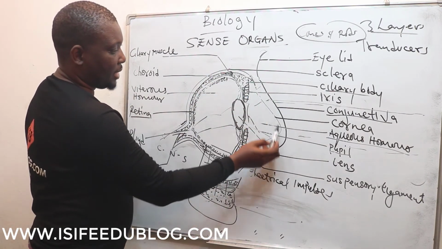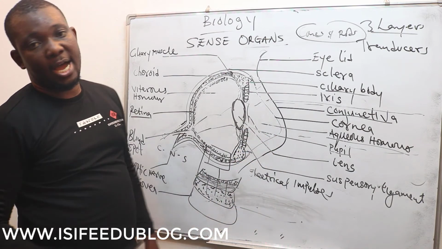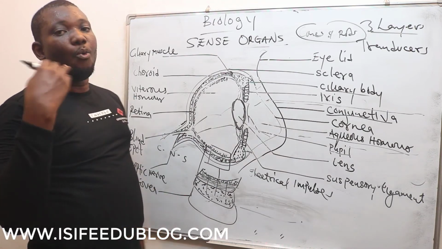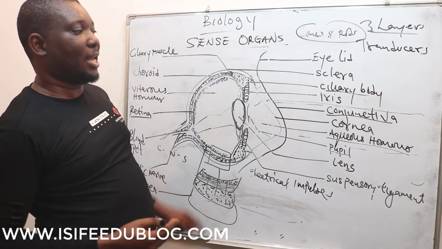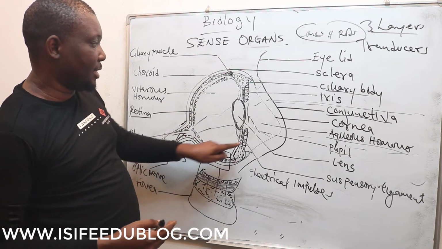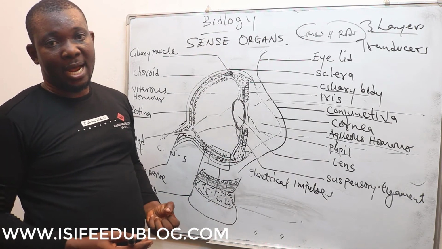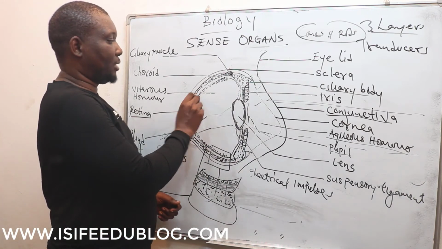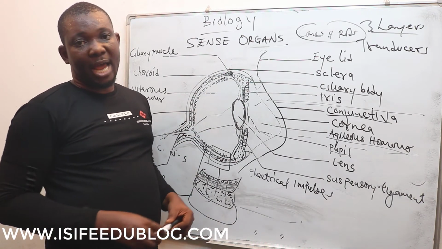but does not protect this protruding part of the eye, which is the cornea. And one thing you must know about this eye is that when light enters the eye, this part of the inner eye, called the retina, absorbs light, making it difficult for light to reflect in the eyeball.